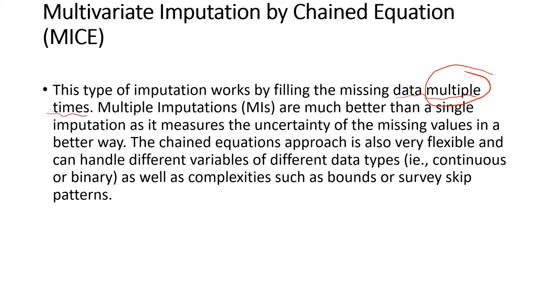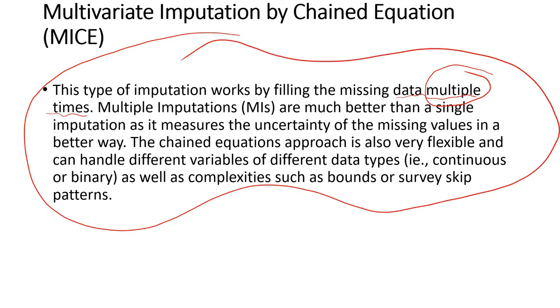The chained equations approach is also very flexible and can handle variables of different data types, continuous or binary, as well as complexities such as bounds or survey skip patterns. If you want, you can explore the maths behind this approach more. I just gave a simple introduction to MICE.